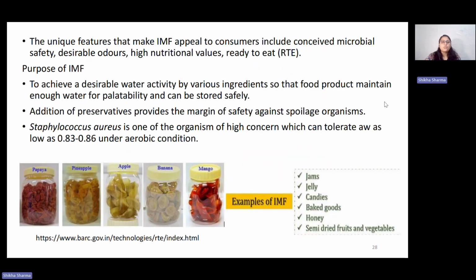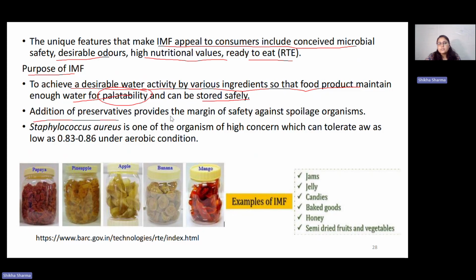The unique features that make IMF appeal to consumers include perceived microbial safety, desirable odor, high nutritional value, and ready-to-eat products. The purpose of making IMFs is to achieve a desirable water activity by using various ingredients so that the food products maintain enough water for palatability and can be stored safely.